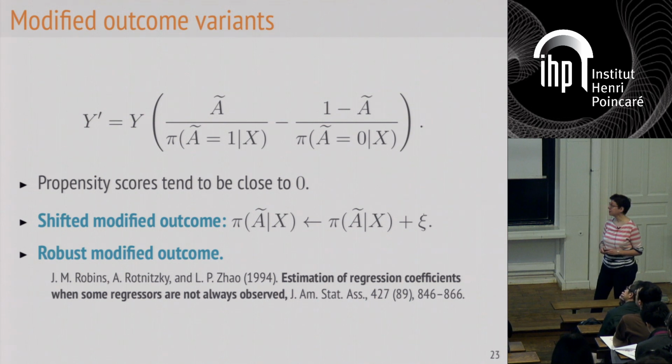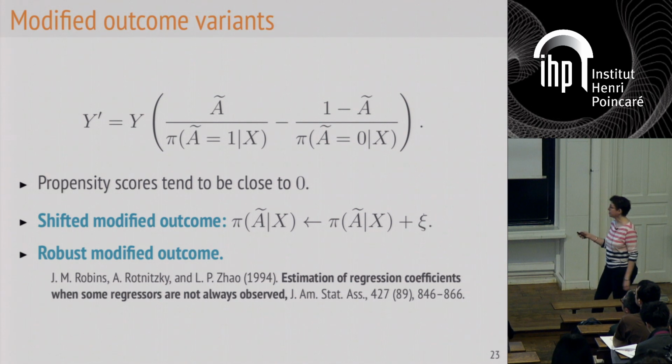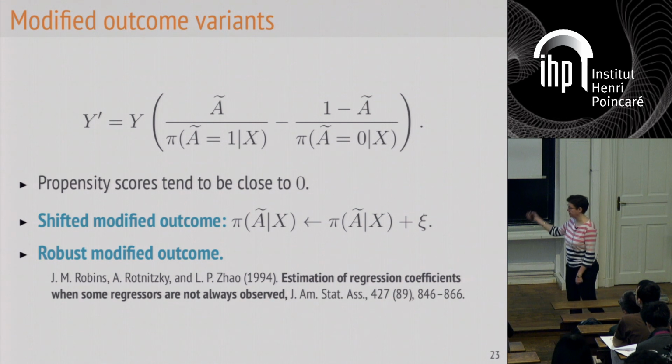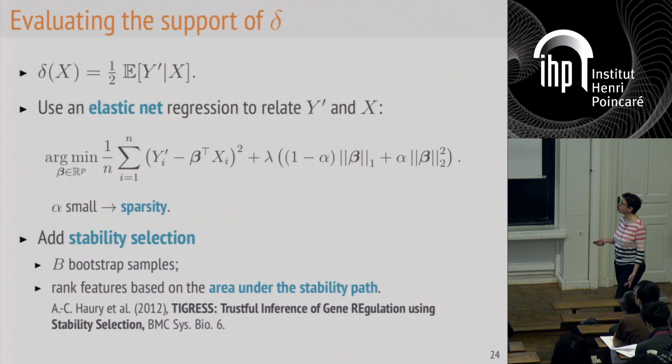One is the computer scientist way: you have a number that is too close to 0, so I will add a small number to all of those so that they are less close to 0 and things are numerically stable. And then you have the statistician way, which I don't have time to explain, but you can use this robust modified outcome version where you have a good estimation of 1 over the propensity scores. And this problem is erased in this way.